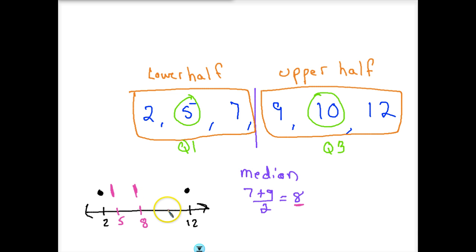And then quartile 3 is 10. That's right here. So I just put lines for the median, quartile 1 and quartile 3, and then I just connect and make a box. Okay? All right, so are you guys good with that? Danny, are you good with that? Oh, okay, good. Very good, you guys.